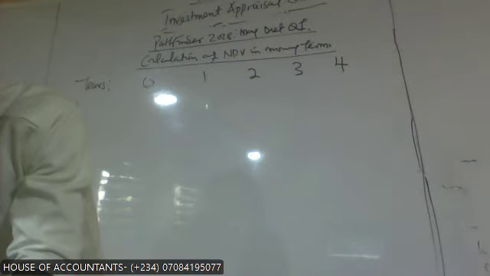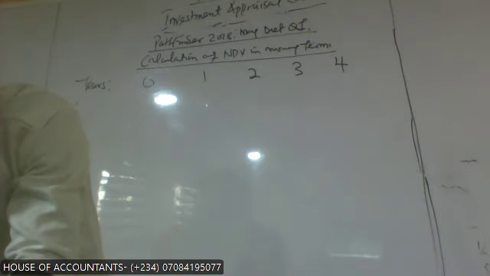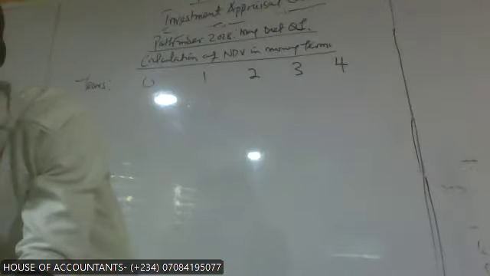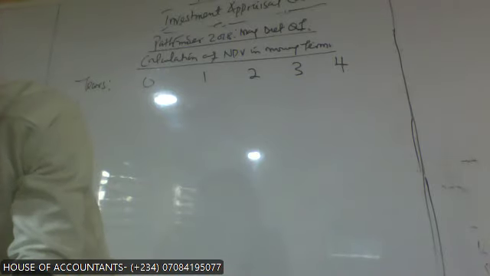There is no incremental value, so you maintain the same value. But the question says in advance, so how do you treat it? It will not increase over the life of the project, for 4 years.